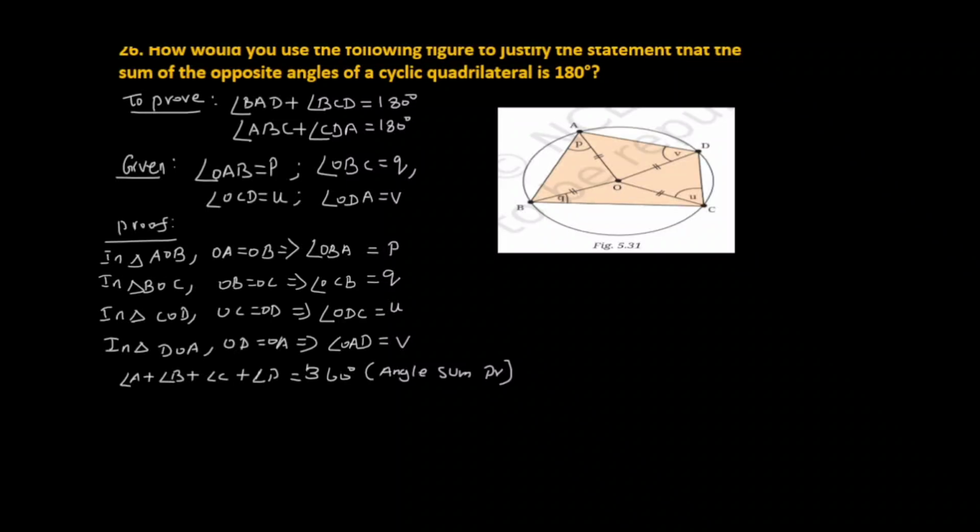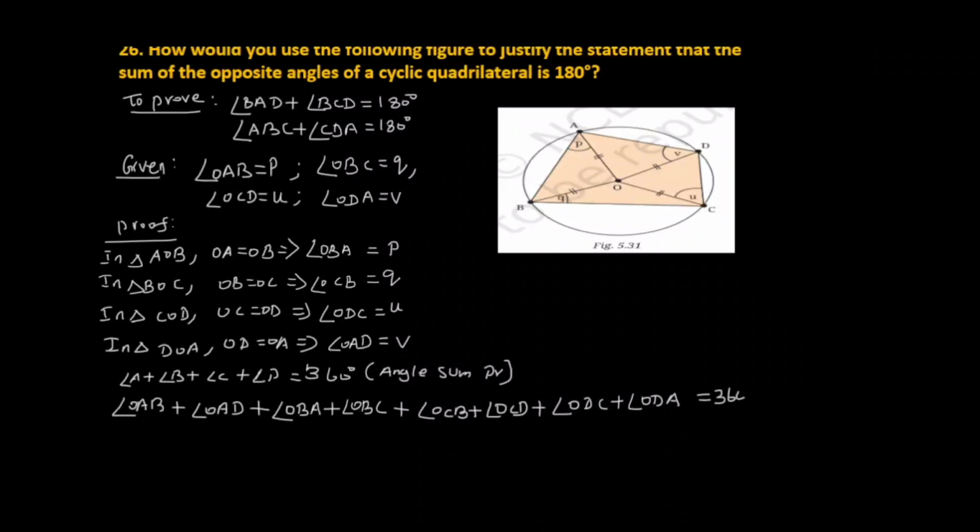Angle A can be written as angle OAB plus angle OAD. We can split that angle. Then angle B can be written as OBA plus angle OBC. Angle C can be written as OCB plus angle OCD. Then angle D is angle ODC plus angle ODA. That is equal to 360 degrees.